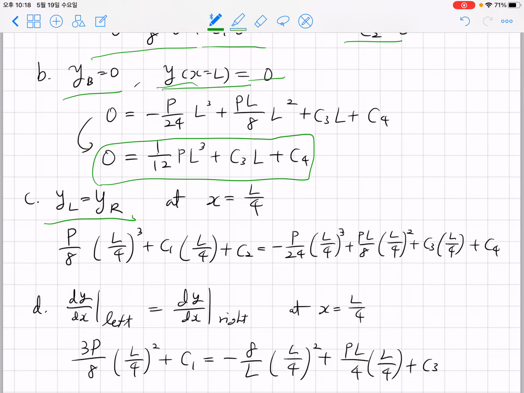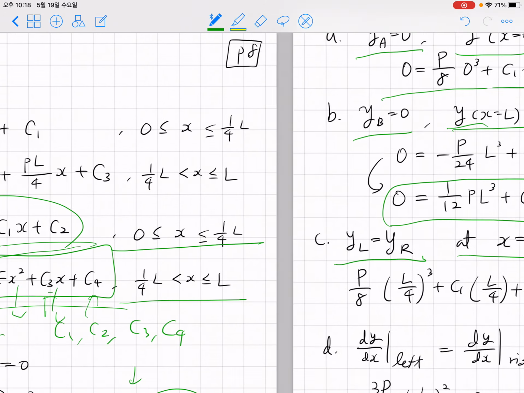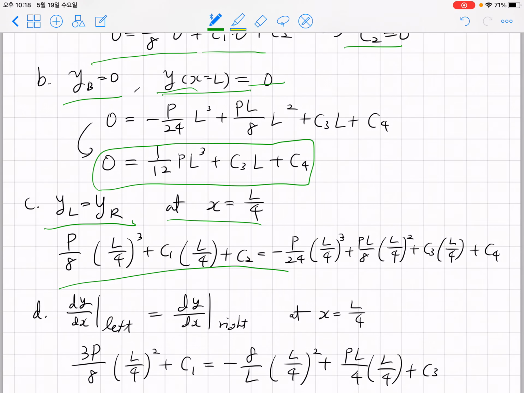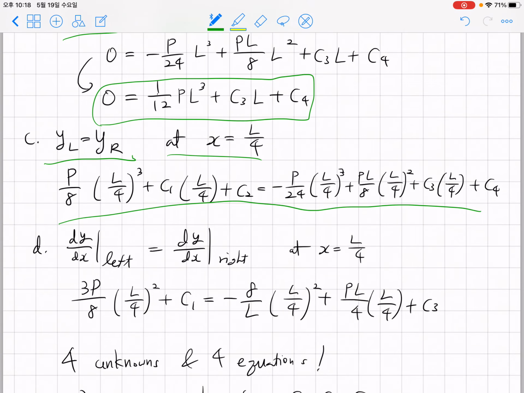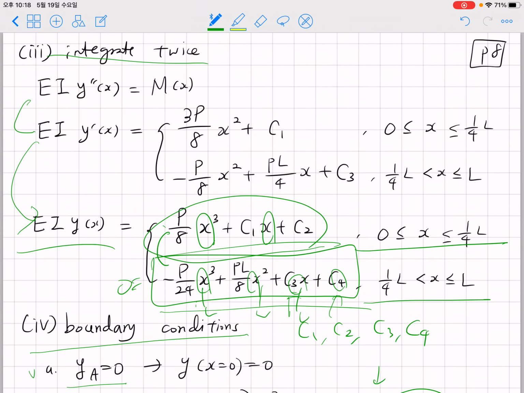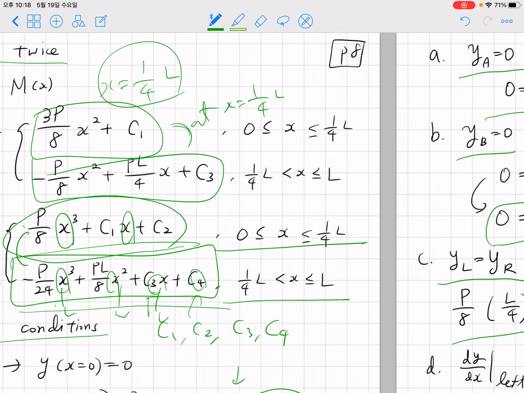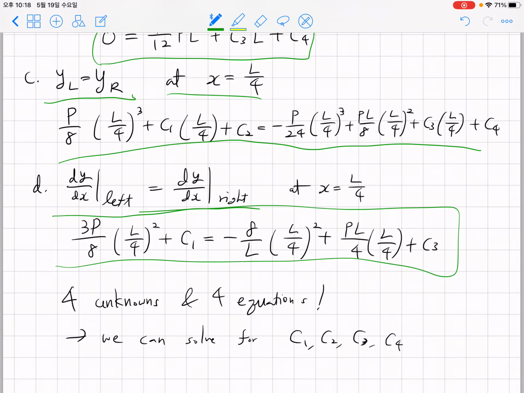Now regarding y left and y right being equal to each other at x equals L/4, you plug in L/4 here and here, and they must be equal to each other. So this gives us the third equation. Then you can take the first order derivative, which you already have here and there, plug in x equals 1/4 L, and they must be equal to each other at this point. Then we have the fourth relationship.